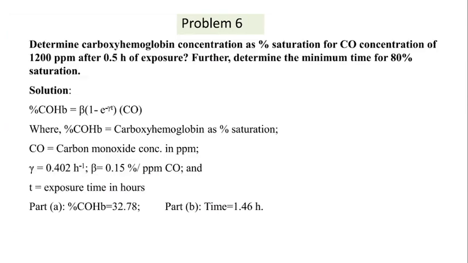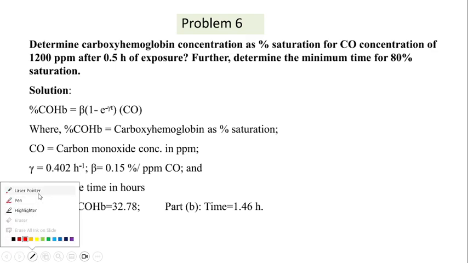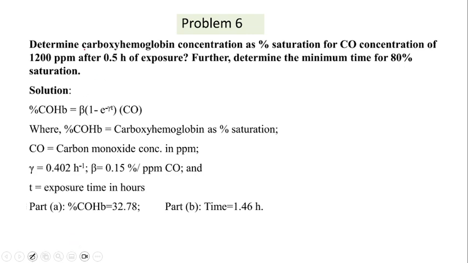Okay. This is another problem. I have given the equation earlier. So the question is: determine the carboxyhemoglobin concentration as a percentage saturation for a CO concentration of 1200 ppm after 0.5 hour of exposure.